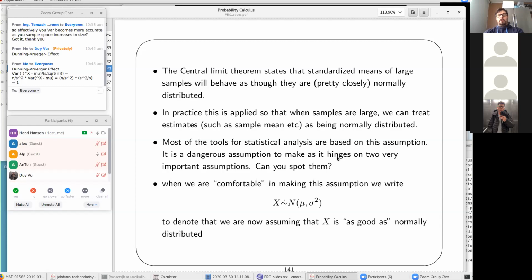Another important assumption is that the expected value in this case even exists. Why do we assume that the expected value exists? We have encountered already distributions where the expected value doesn't even exist.